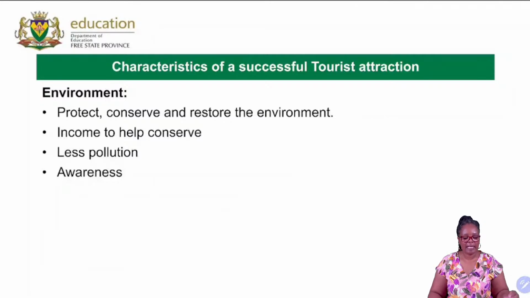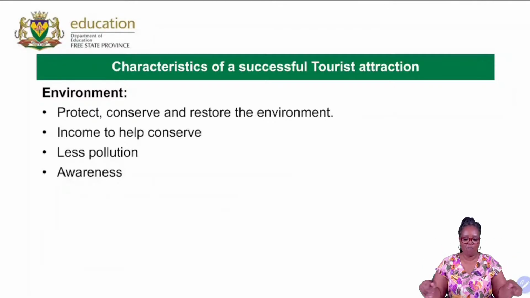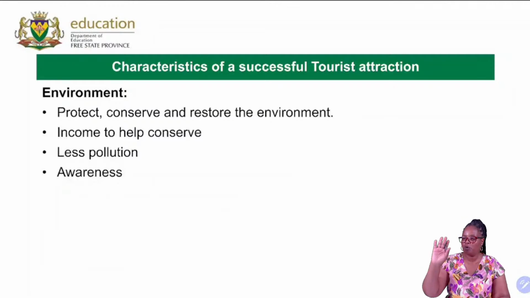They must make sure that they have awareness going on around the area. They make people aware about protecting the environment. They must have information signs everywhere: no pollution, no littering. If you litter, you'll be fined so much.